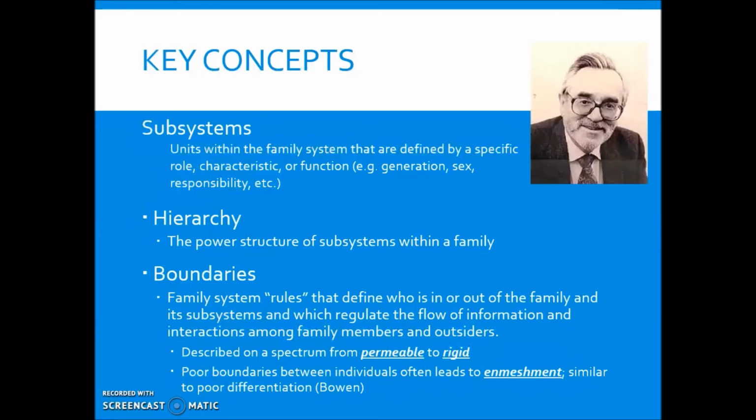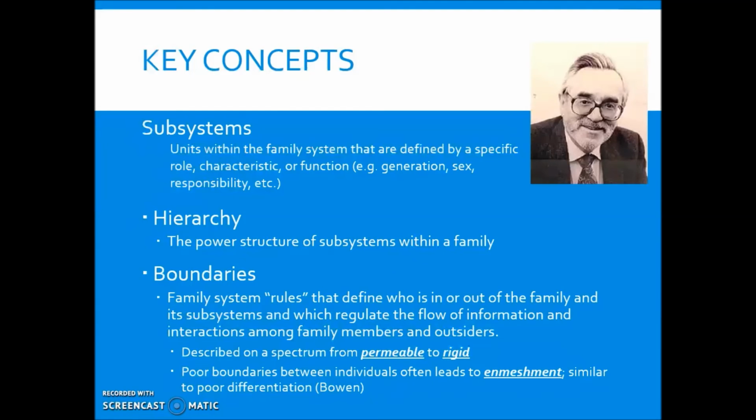Or families could be defined as very rigid in their boundaries, either between subsystems, so there's a very clear, very defined separation between parents and children, or around the family unit as well. So who is in the family and who is not in the family.